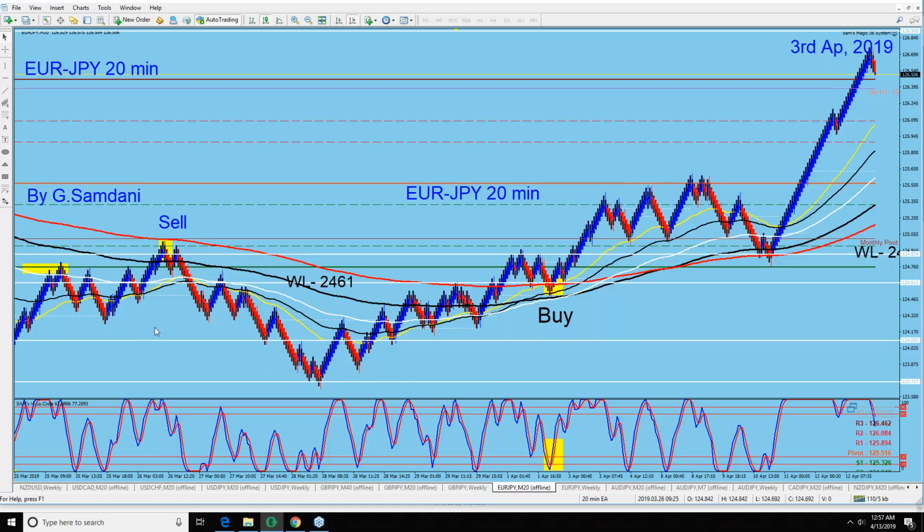So the idea is that you stay ready around the news. When the news is about to happen, for example for euro yen, what kind of news concerns it? If USD news is there, do you worry about this pair? No. USD might move this pair a little bit, but USD is going to move USD pairs. USD gets either weaker or stronger, and all the pairs that involve USD will be affected, not this.